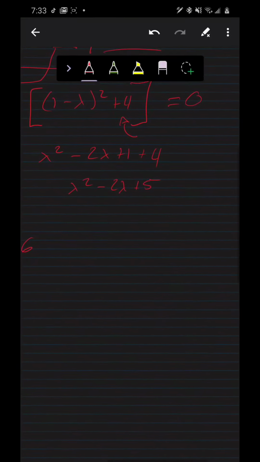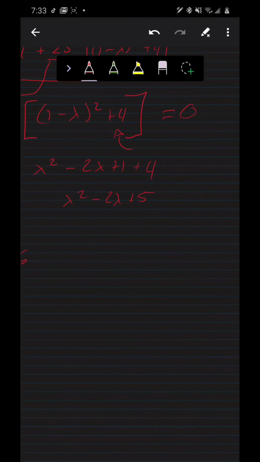And now let's solve for the next equation. We're going to do the same. We use the quadratic formula, and for this, we're trying to solve this equation.